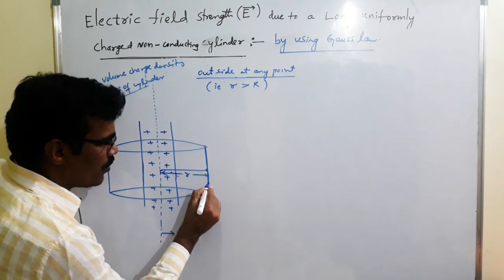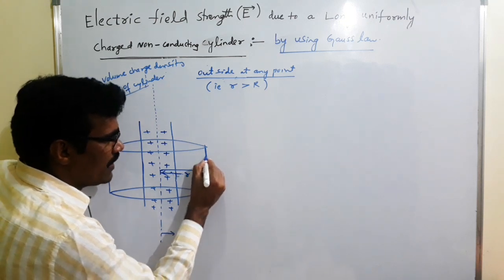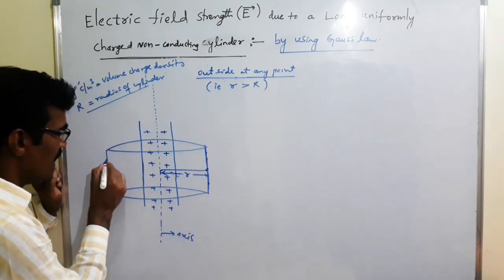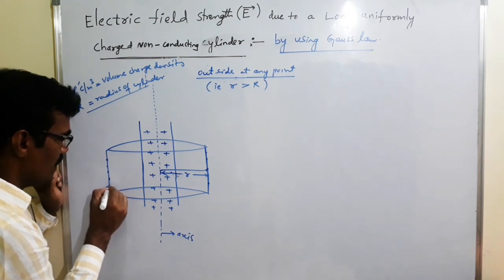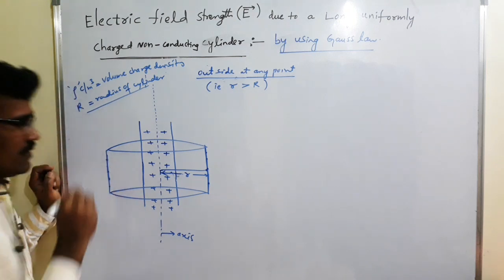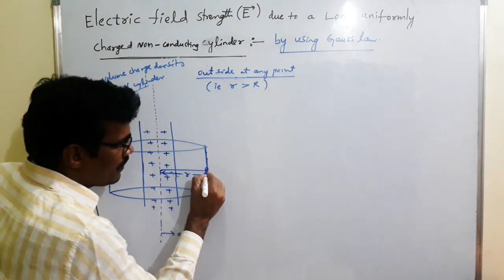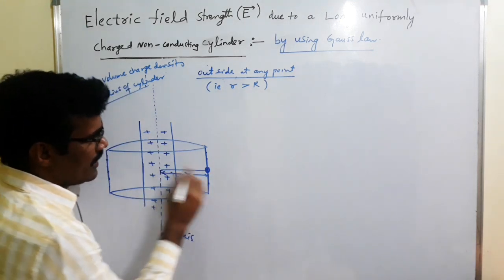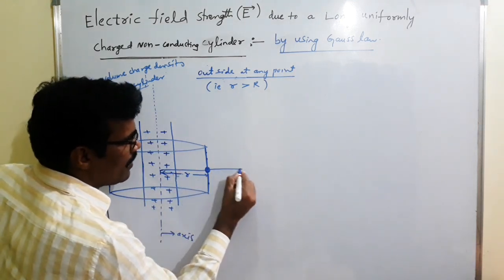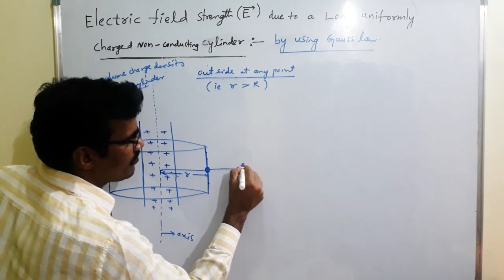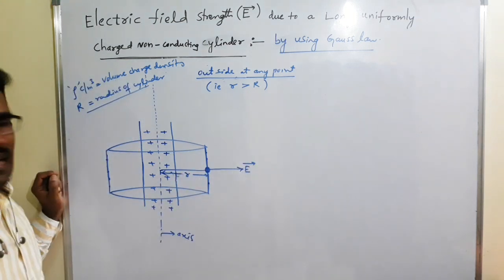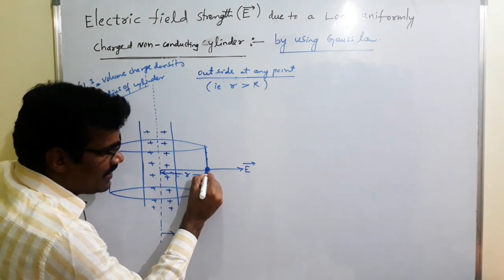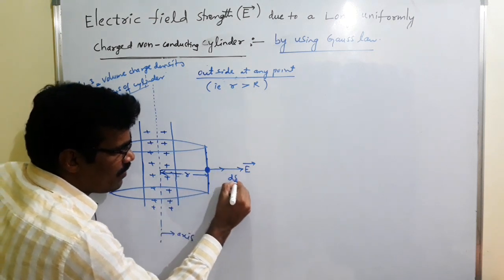The field at this point will be the same here also, on the Gaussian surface. The field due to this cylinder at this point is E bar this side, and the area vector at this point is ds bar.